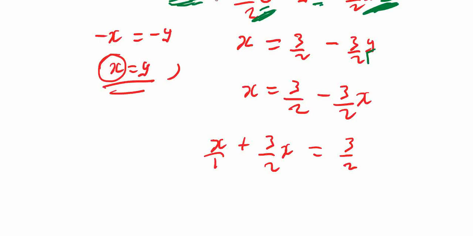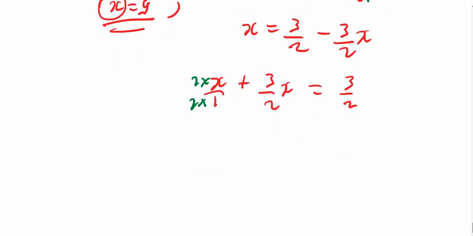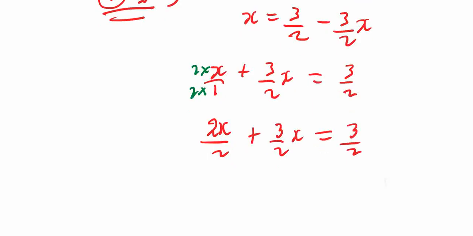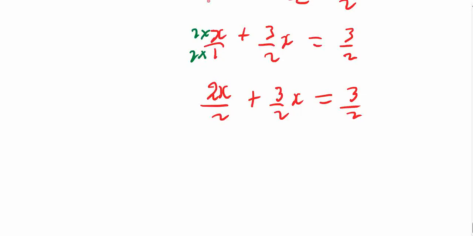See this as over 1, and then we need the common denominator, so multiply this by 2 and also multiply this by 2. So that will become 2X over 2 plus 3X over 2 equals 3 over 2. So 2X plus 3X will give us 5X.